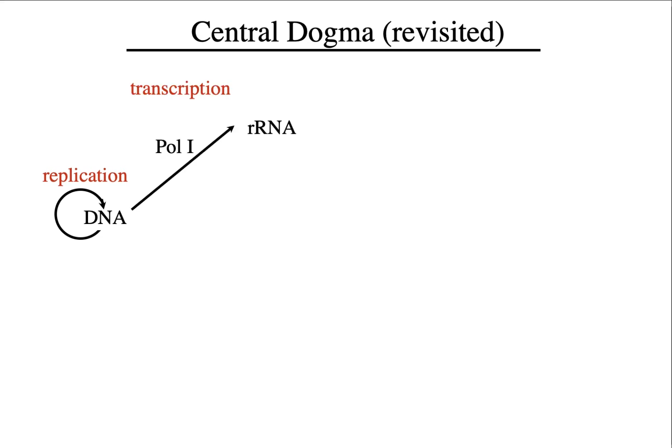Next comes transcription, but transcription actually results in several different things. In eukaryotes, you have transcription by RNA polymerase 1 called POL1, and that only transcribes ribosomal RNAs, and specifically the large molecules of ribosomal RNA.